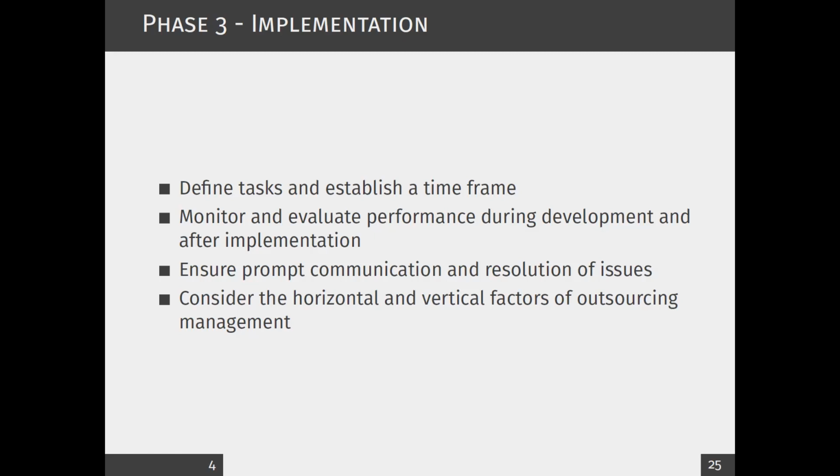Right? So this is important, because once you are in implementation, we have to make sure that what the vendor agrees to will be delivered. So you have to monitor them. You monitor and evaluate their performance during the development and implementation, right? So you have to evaluate what they are delivering us.